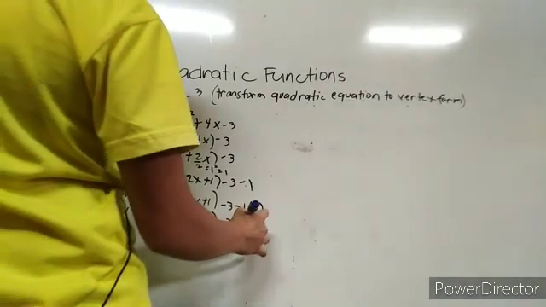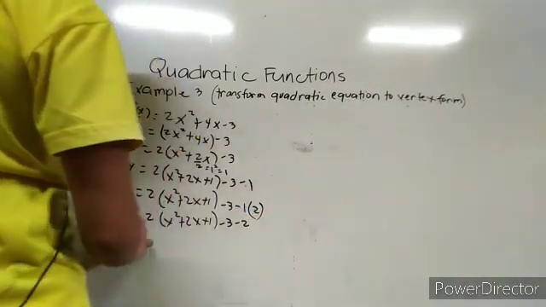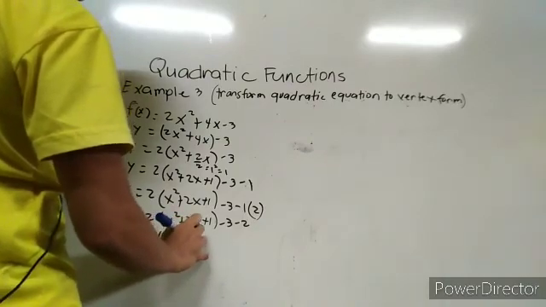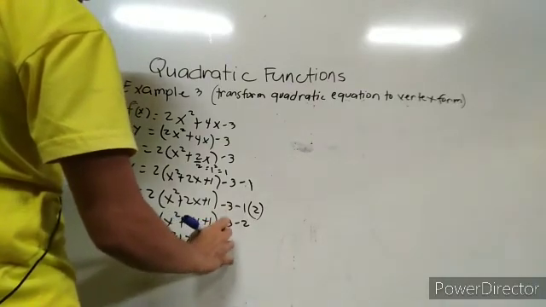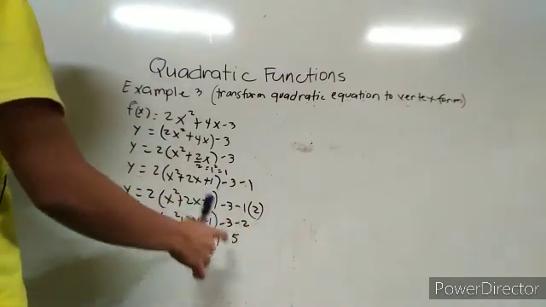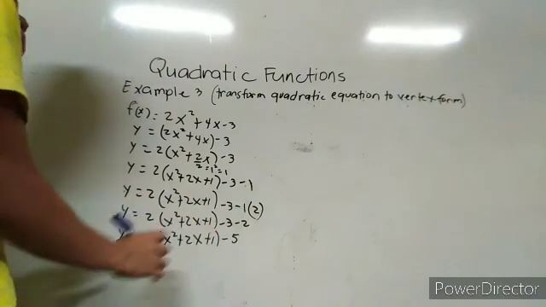It is negative 2. So y equals 2 times x squared plus 2x plus 1, minus 5. Negative 3 minus 2 is negative 5.